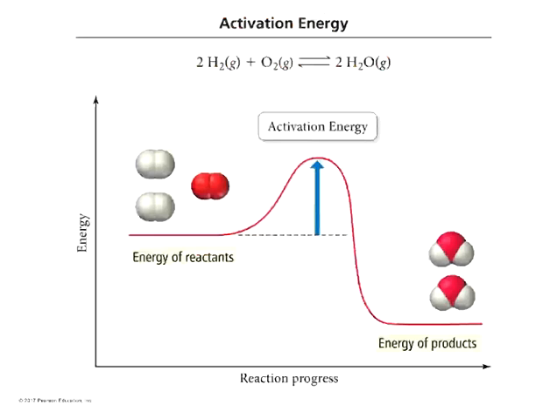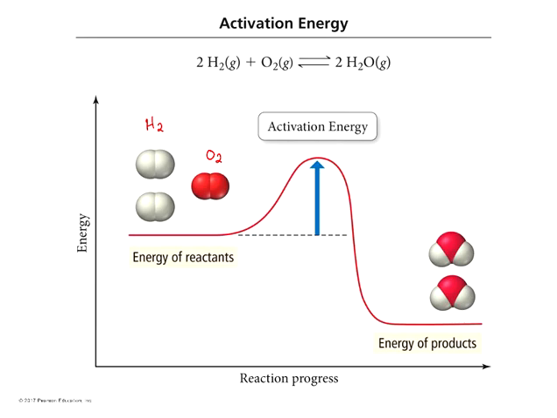So as an example, let's look at this energy diagram. And this particular energy diagram is for the reaction between hydrogen and oxygen gases to form water as a gas. So initially we have two hydrogen molecules and one oxygen molecule, and they have a particular energy associated with them.